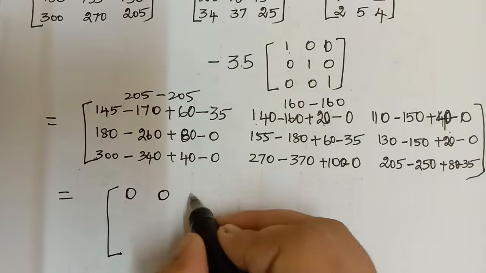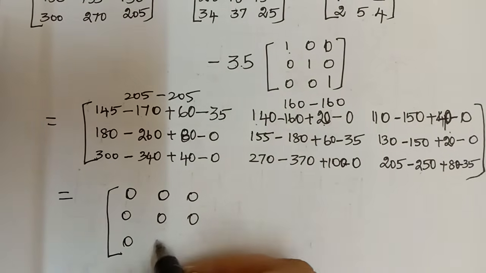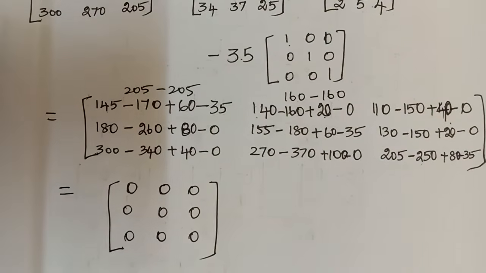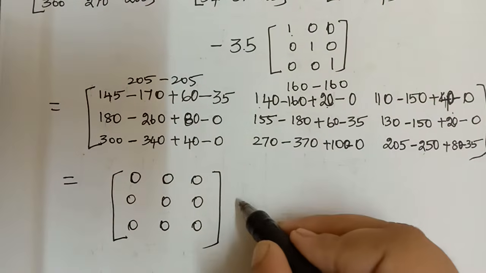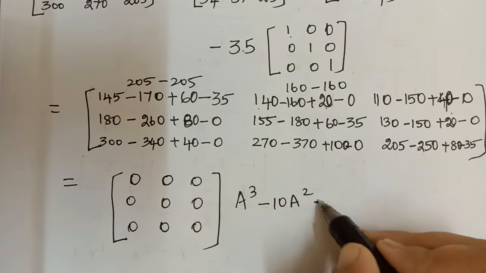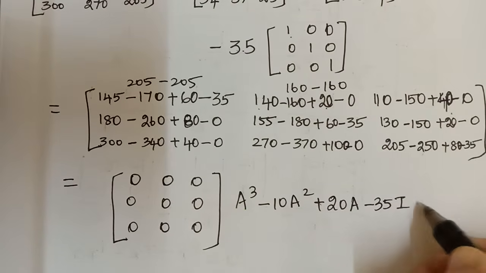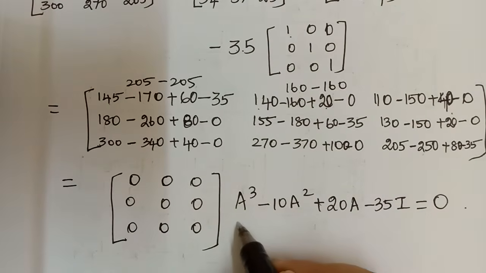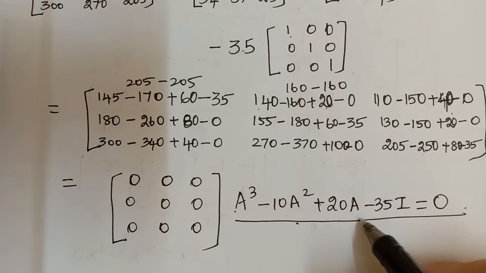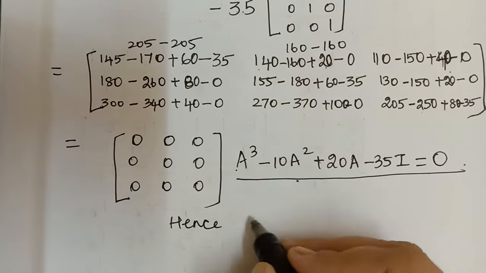So like that if we do, we could find that when we simplify all this, we get it to be 0. So therefore we have arrived at the null matrix. So A cube minus 10A squared plus 20A minus 35I is equal to 0. So we have proved that the matrix A satisfies its own characteristic equation, and hence the Cayley-Hamilton theorem is verified.